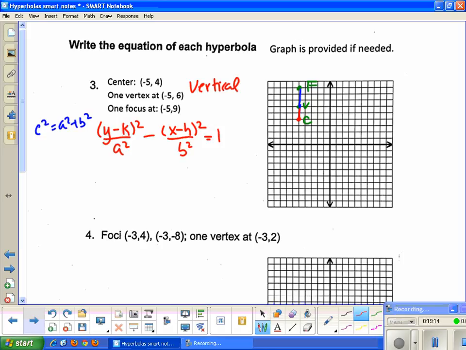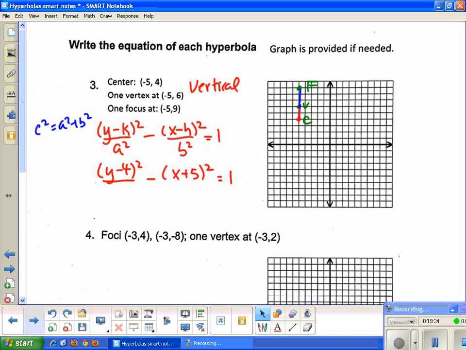So then for this one, I know what the center is because we were given that, so we can write that in. So we have y minus 4 squared, and then this would be x minus -5, so plus 5 squared.